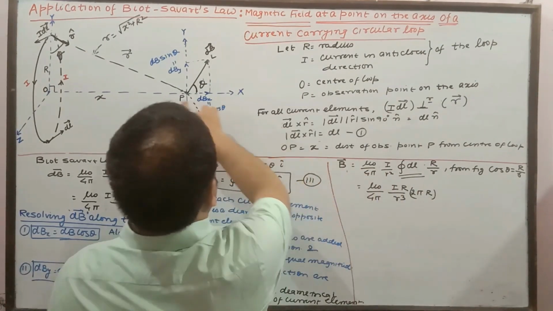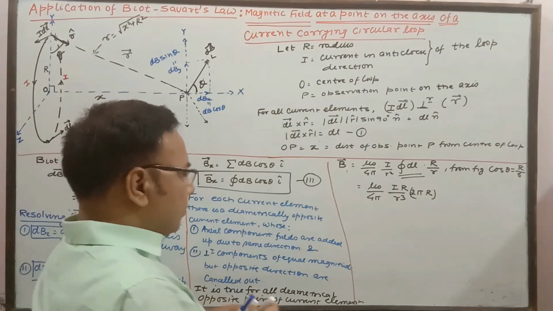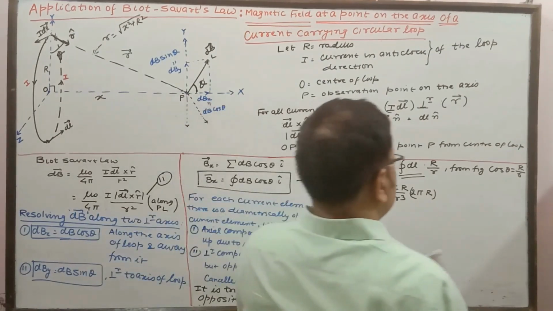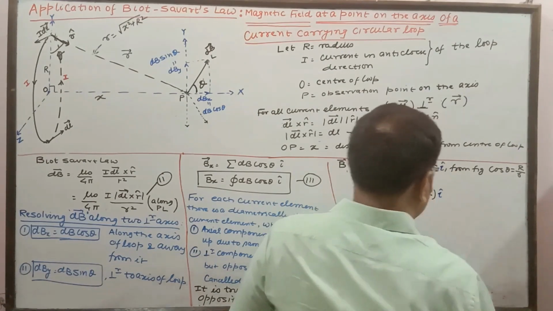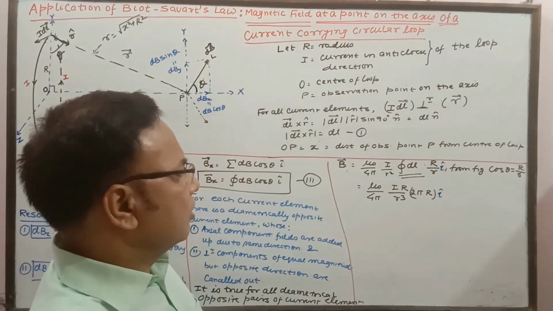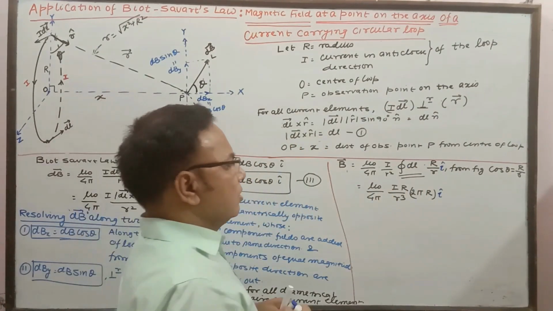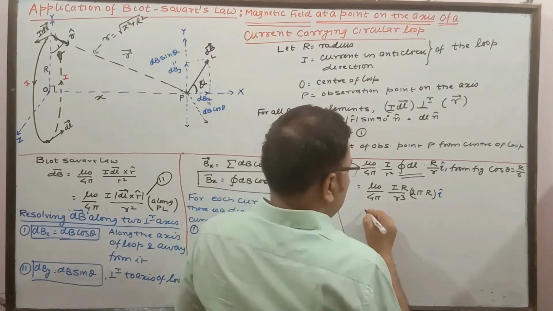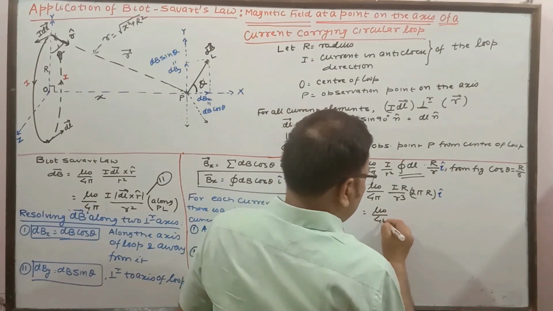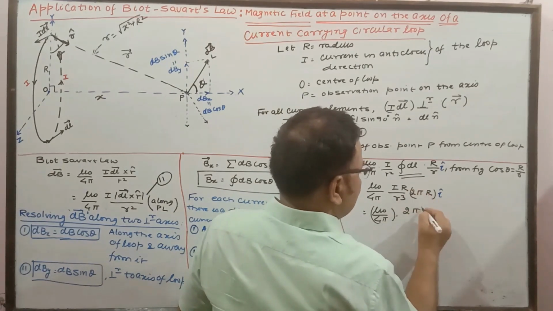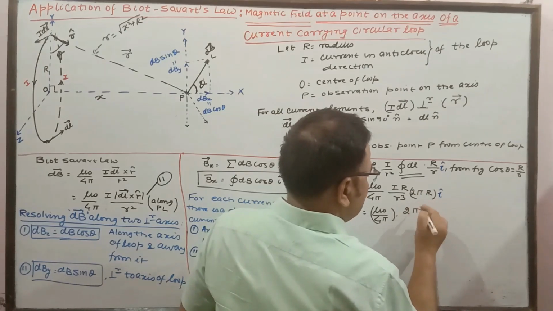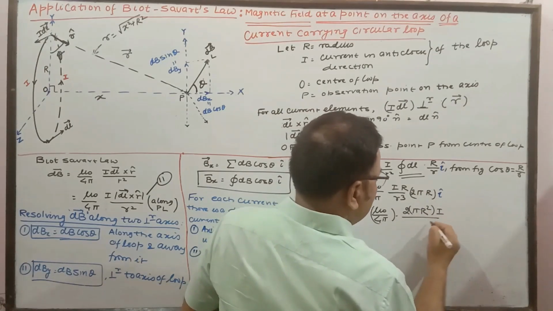Here B is only along the x-axis, so you can put here the unit vector along the x-axis, I cap, written in different ink just to show you what its value would be. Writing it properly, this is mu naught upon 4 pi, into 2 pi, these two are r square, and finally this is I upon r cube.